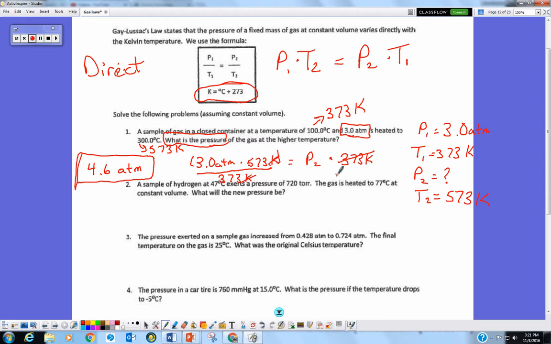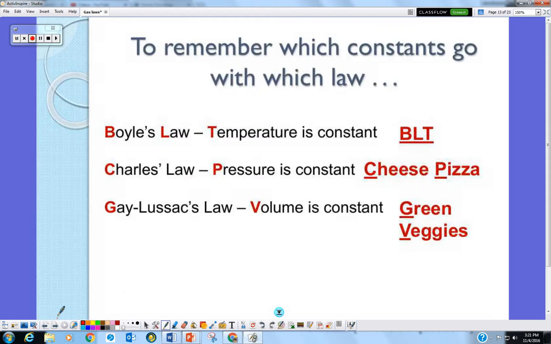So looking at this, we have an increase in temperature, so we should see an increase in pressure. So looking here, we went from 3.0 to 4.6, so yes, that follows the rule that we saw an increase in pressure as well. Now, let's move to combined gas law.